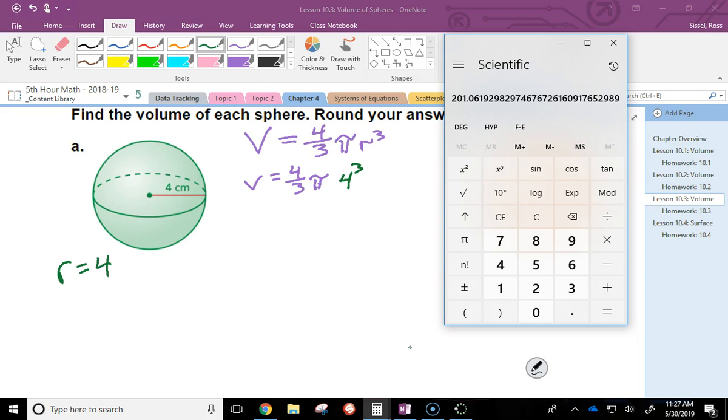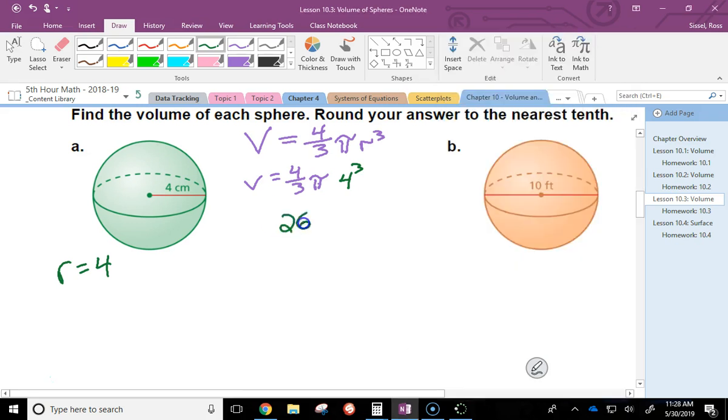Avery? Absolutely. Times by your numerator, so times everything by 4, and then we divide by our denominator. 268.08. And they told us round to the nearest tenth. There's my tenth.